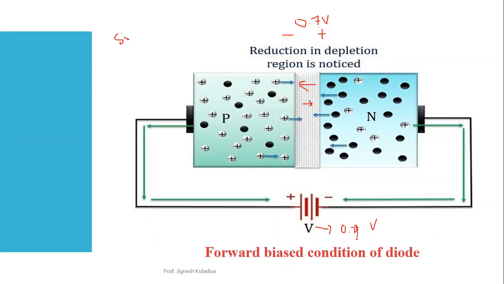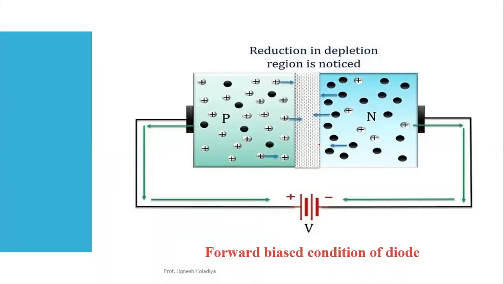If I apply exactly 0.7 volt, both are equal and opposite, so they cancel out, and the depletion region becomes almost negligible, so the movement of electrons can be very fast.